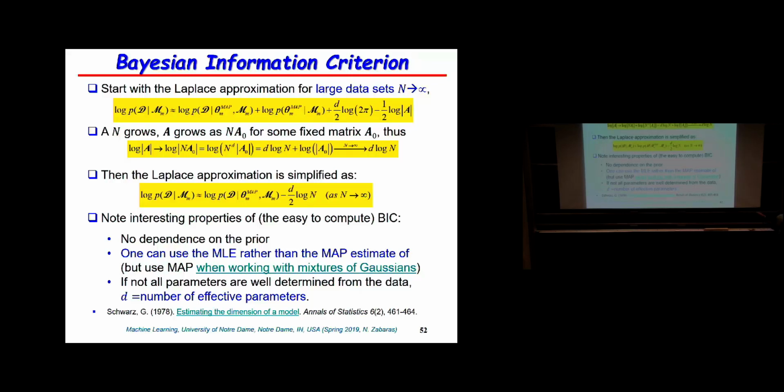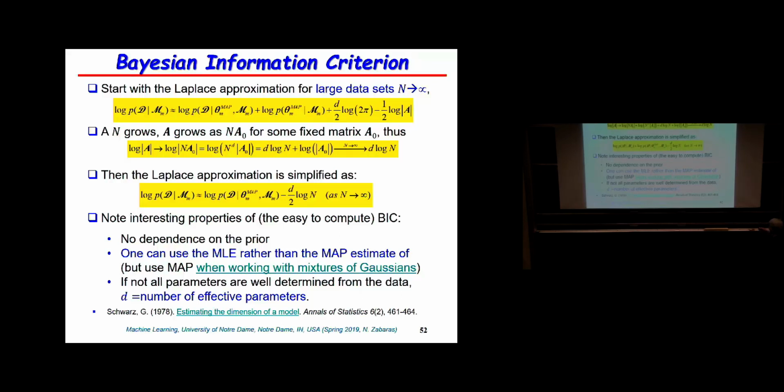Because this is constant, and we're interested in n going to infinity, the log of the determinant of A is d times log of n. Very nice simplification. Again, d is the dimensionality of the problem, n is the number of points, and because I'm taking n to infinity, the log prior, who cares?